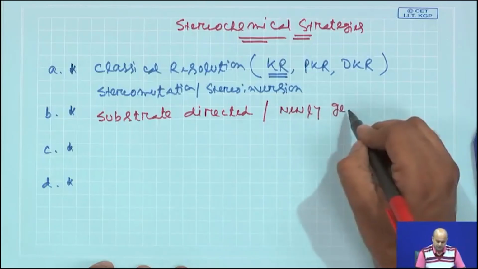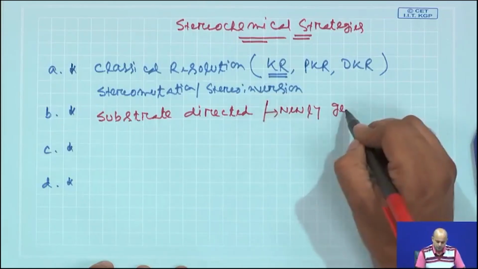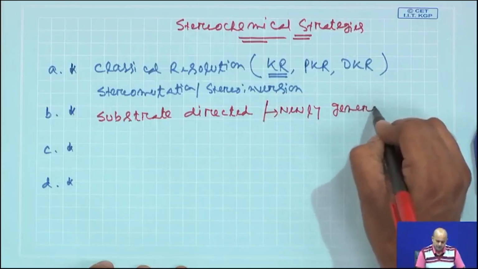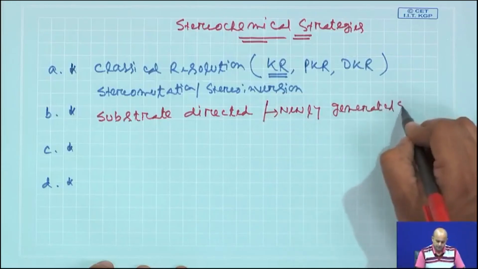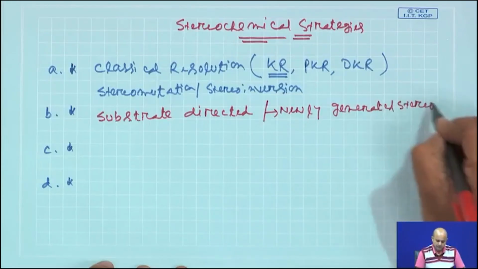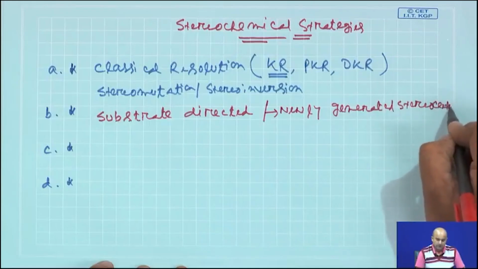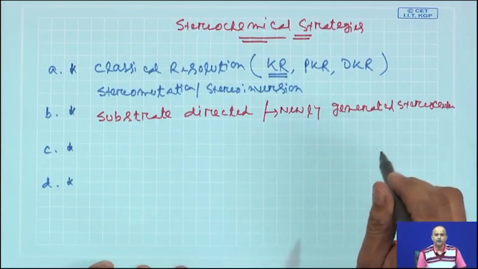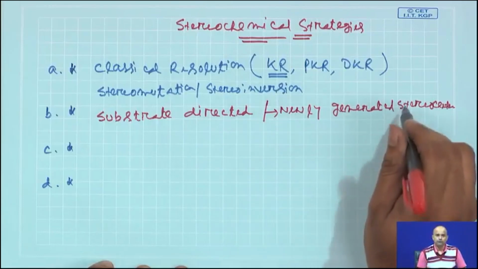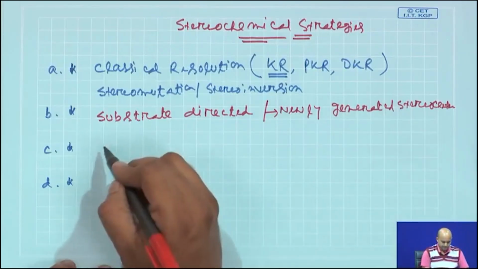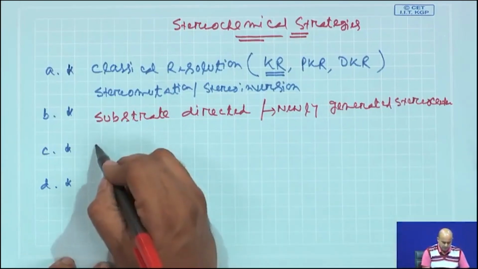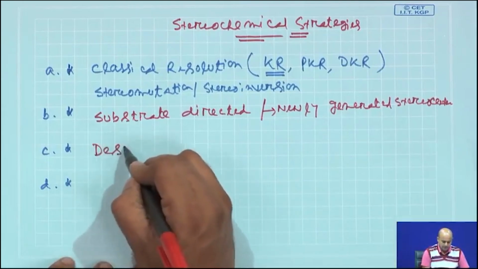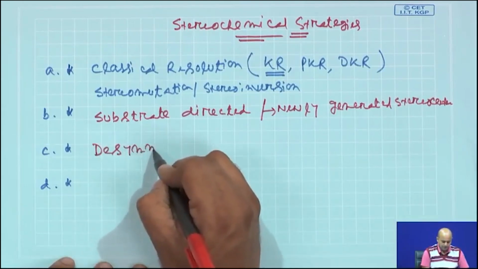So it is basically a substrate directed approach to newly generated stereocenters. If the substrate has a pre-existing stereocenter, you can use that to bring new stereocenters into the given molecule.